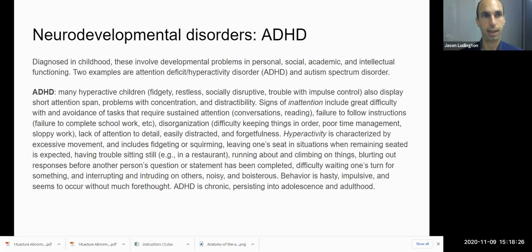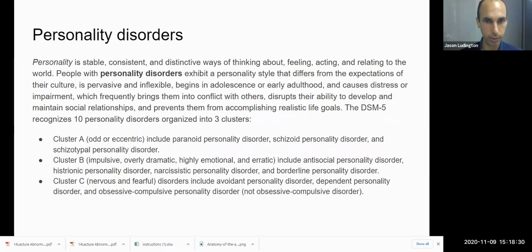One more thing I'd like to add about personality disorders is that they are very chronic, very persistent. They're basically lifelong sentences. If you have a personality disorder, it is fairly resistant to therapy.